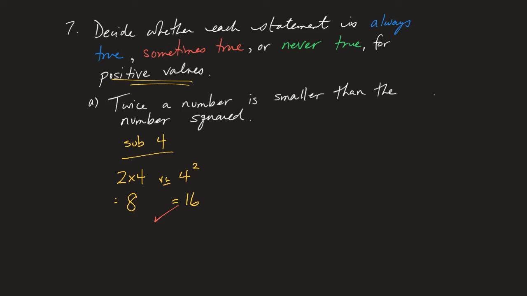So maybe we just pick another number: you check 5, you check 1,000,000. Or maybe we can see, when I double something, how does that relate to squaring something? So let's say I chose a really easy number, like 2.